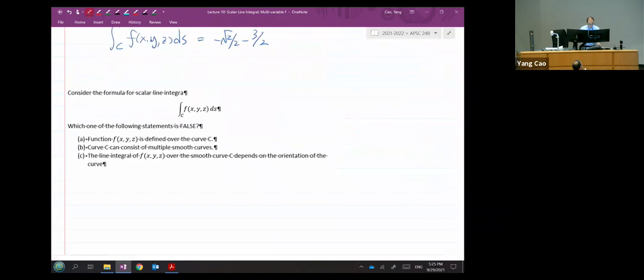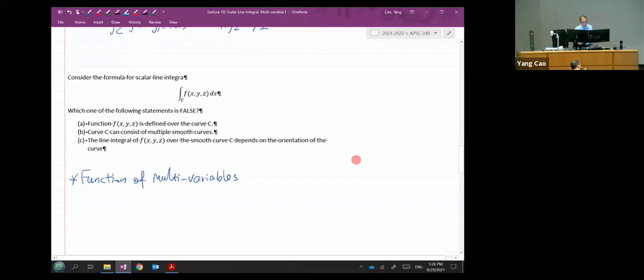I think we're all good. So now let's get away from vector fields or vector functions or vectors in general. Let's get back to a topic: functions of multiple variables.